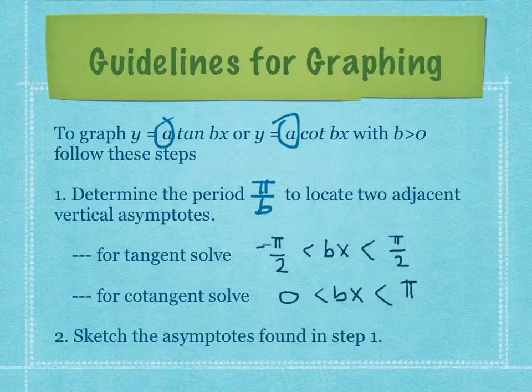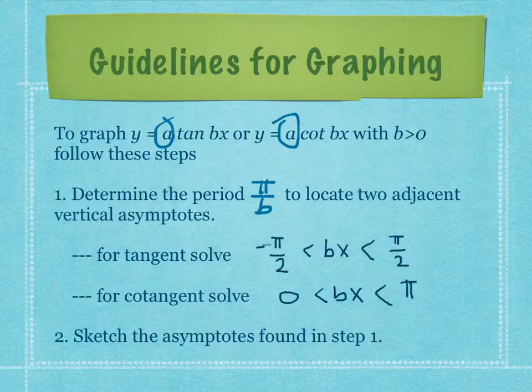The way that you do that is, for tangent, you go from negative pi halves to pi halves. That was the standard period. And you put the bx in the middle, and that will in fact give you your asymptotes, your period, let's say it that way. The period will then be determined by taking that b value and solving for x. And then for cotangent, it goes from 0 to pi.